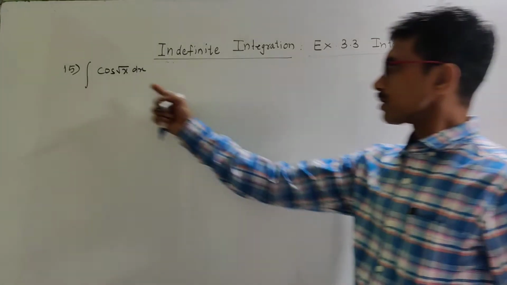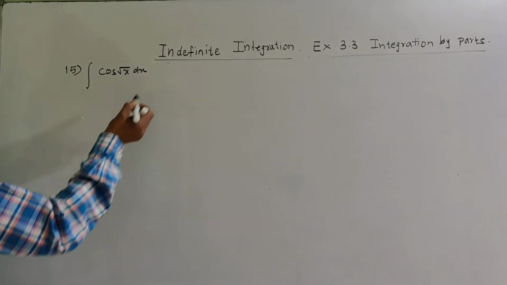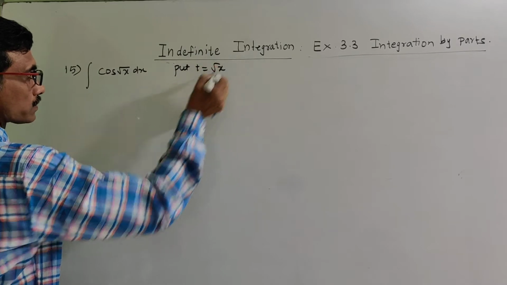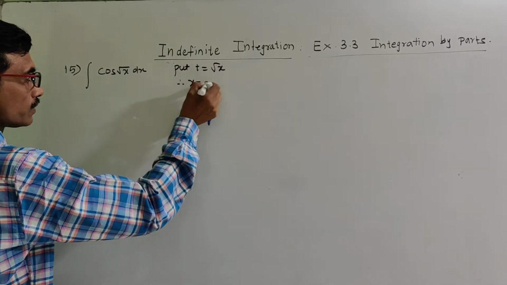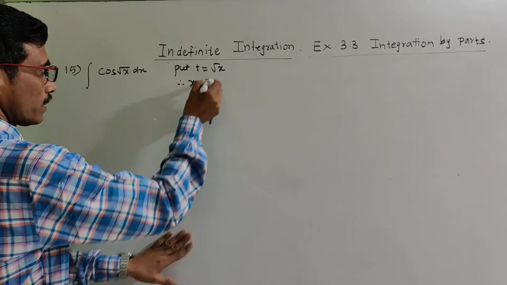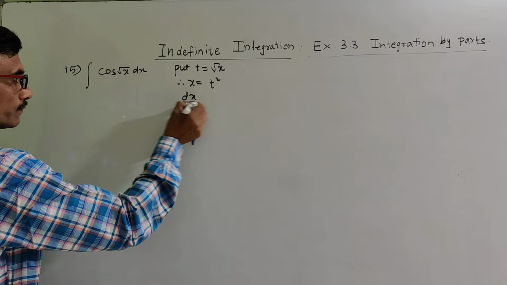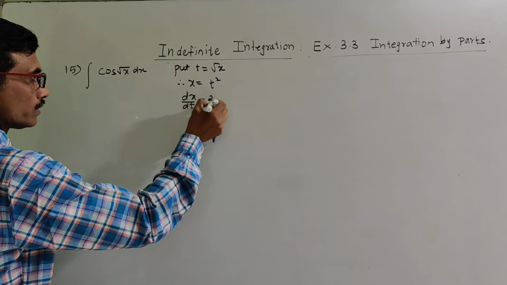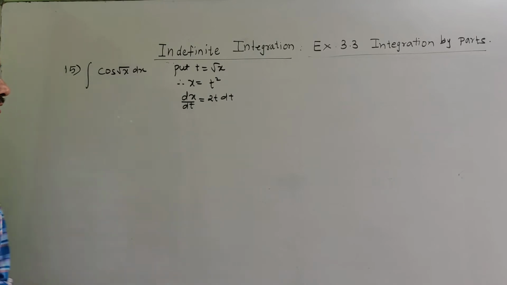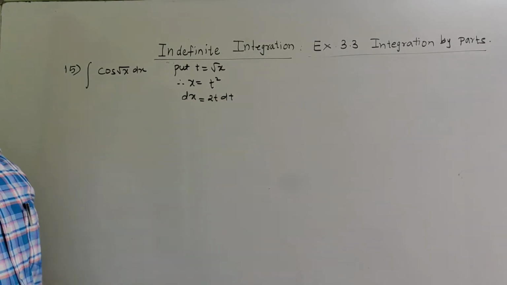Question number 15, cos of root x. So root x we put t is equal to root x, therefore our x will be equal to t square, and dx by dt is equal to 2t, and therefore dx will be equal to 2t dt.